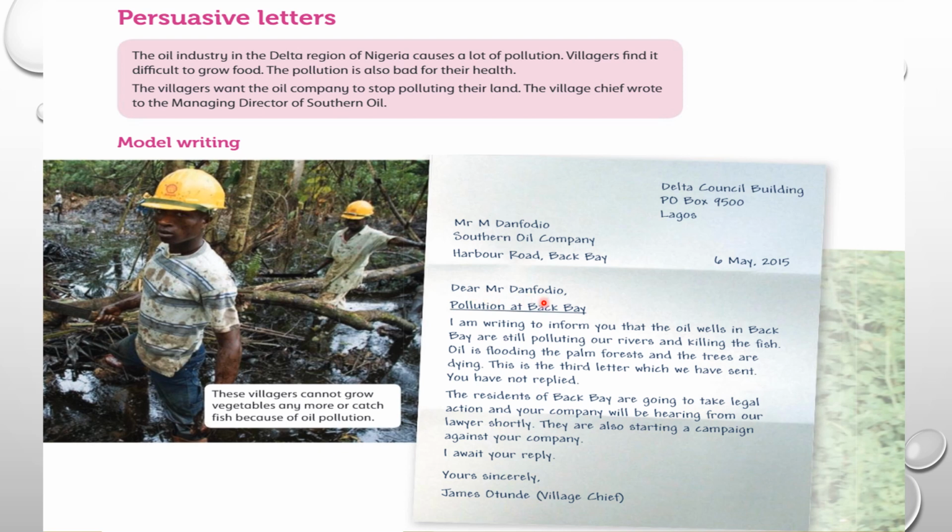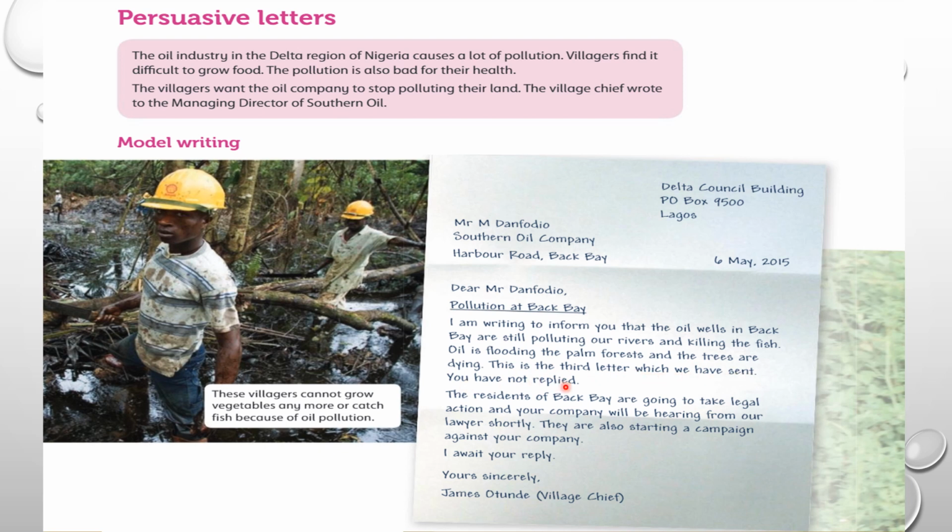Dear Mr. Danvodio, pollution at Back Bay. I'm writing to inform you that the oil wells in Back Bay are still polluting our rivers and killing the fish. Oil is flooding the palm forest and the trees are dying. This is the third letter which we have sent.